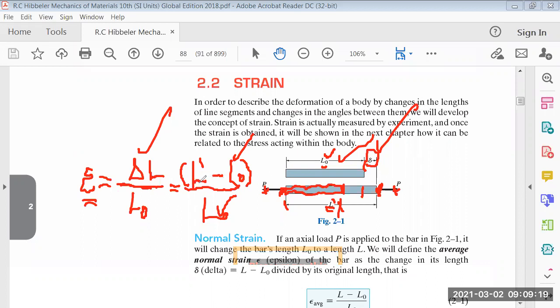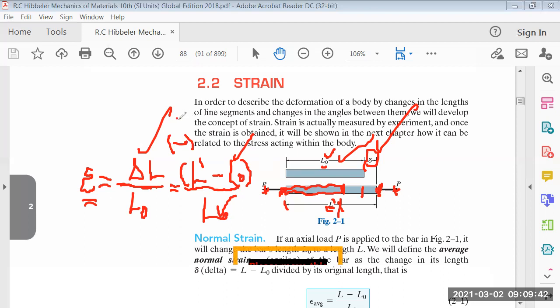If I take L prime minus L and I get a negative, I surely know that the new length is less than the original, so there must be some contraction. The negative tells me that some contraction has taken place in the length due to the applied load.